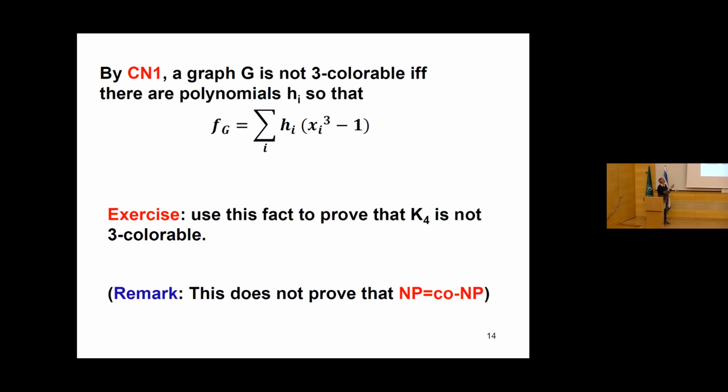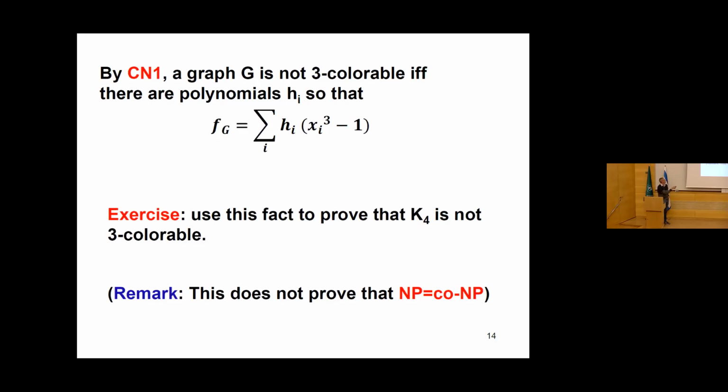But anyway, here is one statement that follows from this observation. By the first version of this combinatorial notion that I mentioned, a graph G is not 3-colorable if and only if this graph polynomial f_G is a linear combination with polynomial coefficients over the complex field, let's say, of the polynomials x_i cubed minus 1, right?